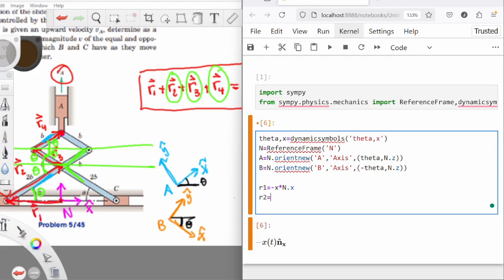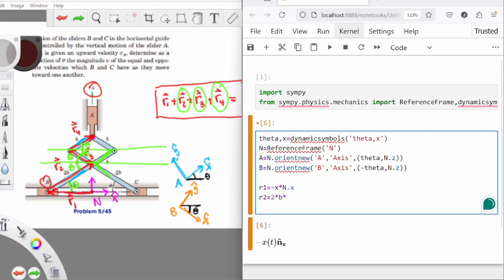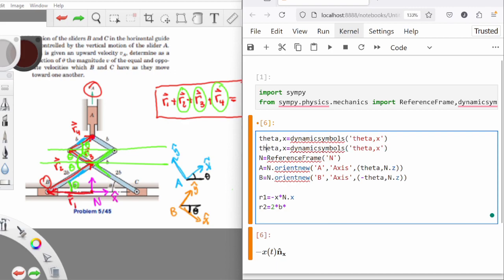Now let's do R2, and that's 2 times b. R2 is this vector here. We don't have b yet, so let's do a definition for b, but b is not a dynamic symbol, it's just a symbol because it doesn't change in time. Sympy symbols, and the direction is ax.